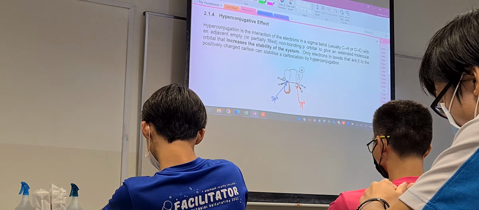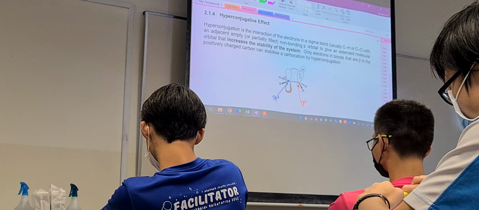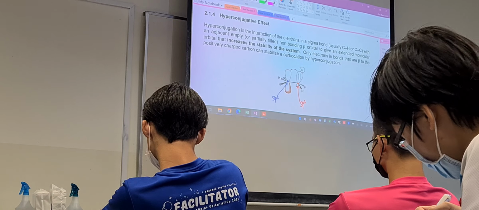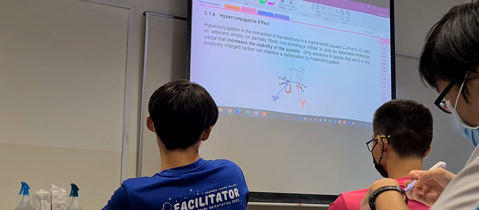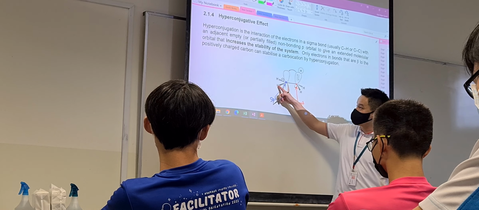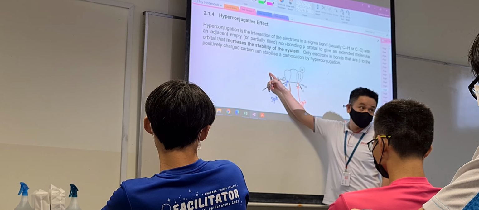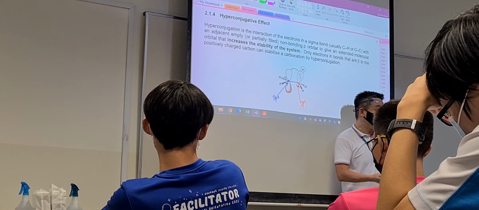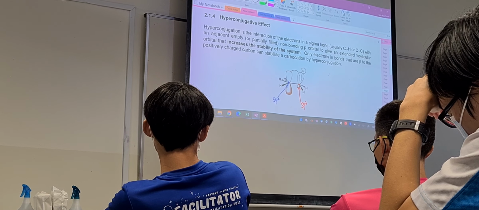And can you see that if I have more alkyl groups, there is more hyperconjugation, and the more stable the carbocation is. Now it's only one alkyl group, a primary carbocation. If I put one more CH3 here, one more CH3 here, there will be more hyperconjugative effect, and the more stable the carbocation will be, right?